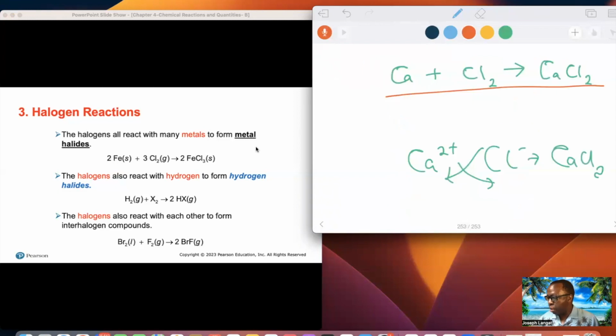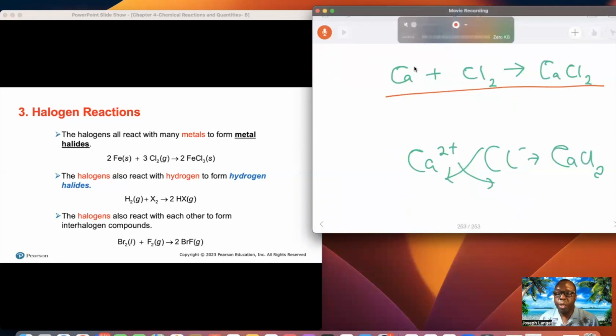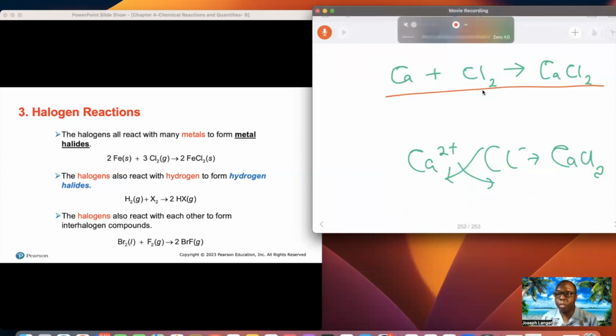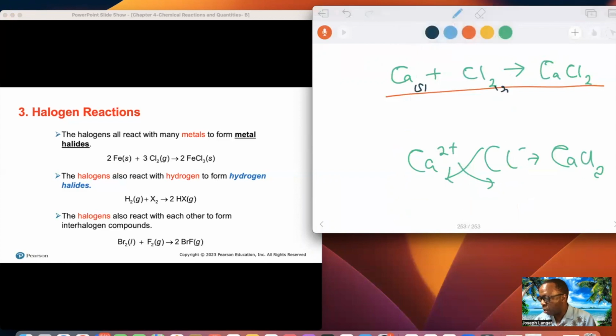I can use any other metal. Please use the periodic table to predict the charge for the metal, so that you write the correct formula using the crossover rule before you balance the equation. Here the equation is balanced: 1 calcium, 1 calcium, 2 chlorine, 2 chlorine. This can be solid, gas, just be specific.